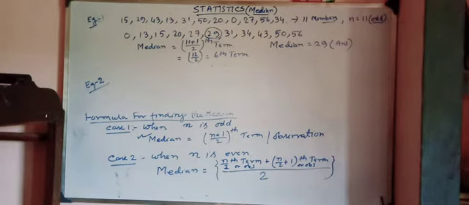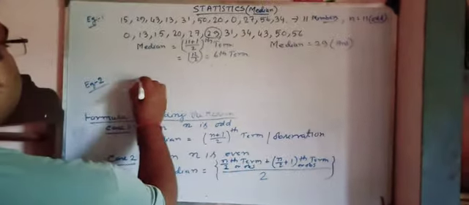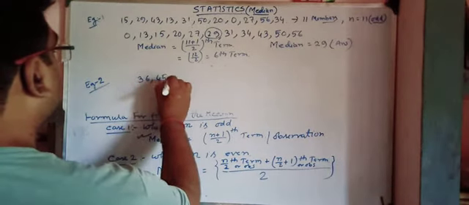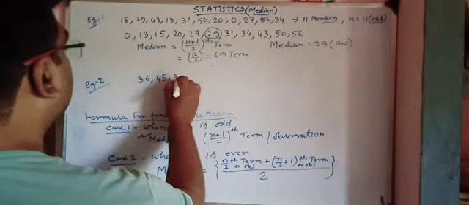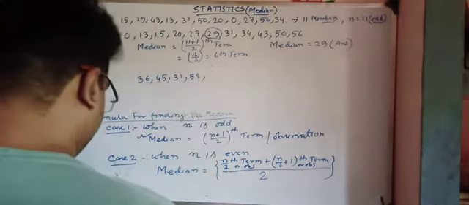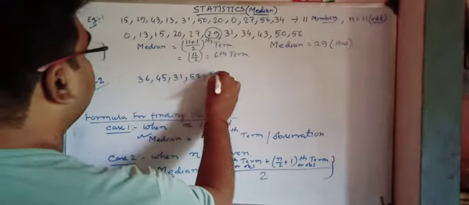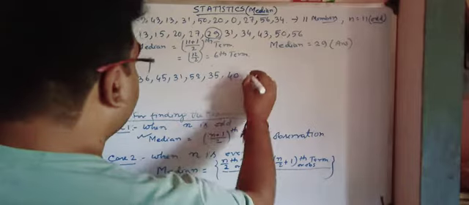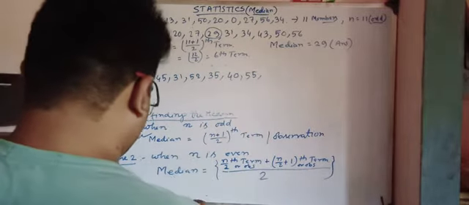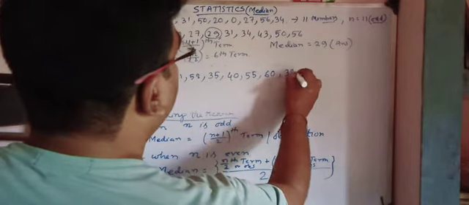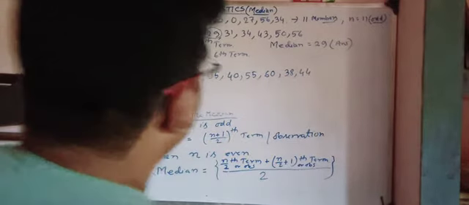The weights are 36, 45, 31, 52, 35, 40, 55, 60, 38 and 44. So these are the 10 weights.